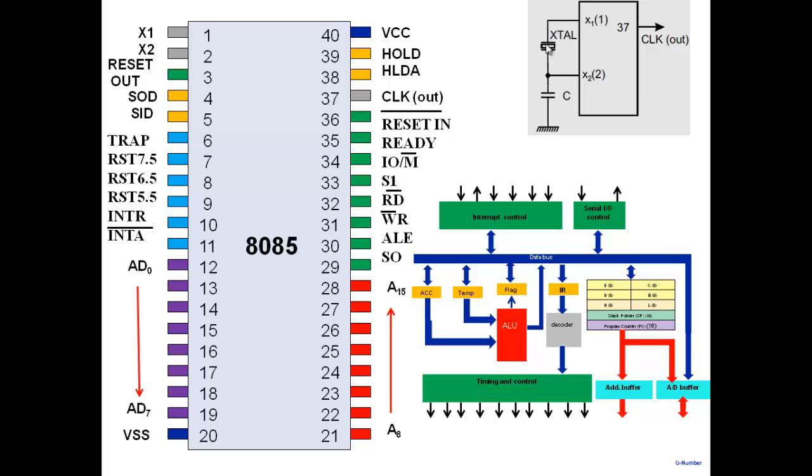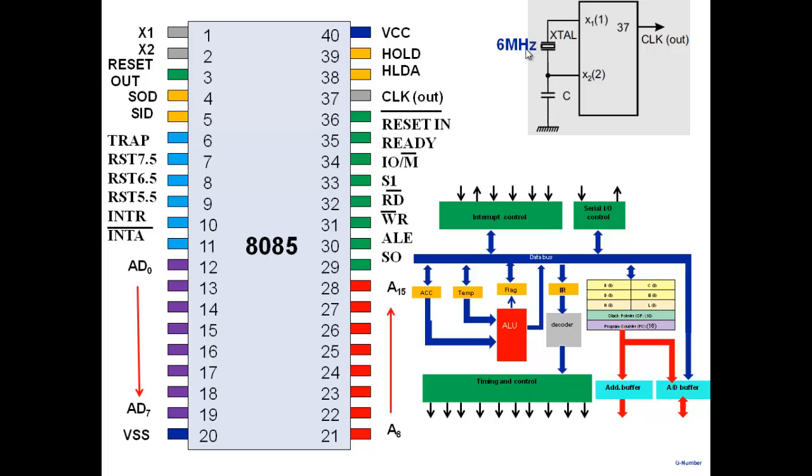So this is a piezoelectric quartz crystal here, and the rest of the circuitry is all inside. And for example, there are quartz crystals of different frequencies. For example, I could use a 6 megahertz quartz crystal, and 6 megahertz quartz crystal I can connect between X1 and X2, and I can connect a capacitor. The manufacturer tells what value of capacitance and all that to take. And then what will happen is the inside circuitry will generate a clock.